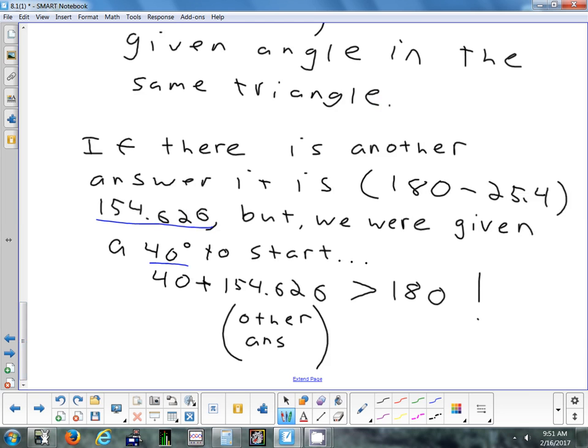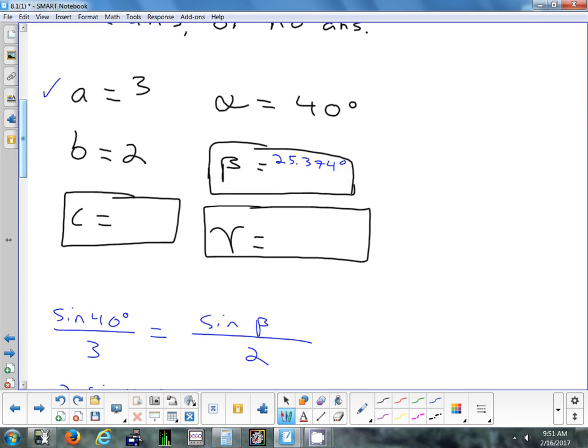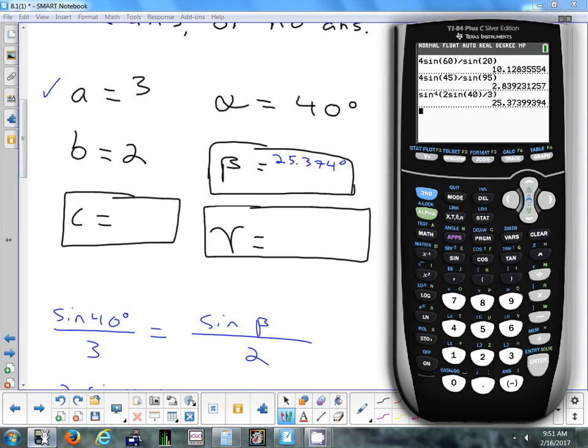So now we can rule out the second answer. How would I get gamma now that I have alpha and beta? Add them and then subtract them from 180. Yeah. All you have to do now, it's just like a normal problem.